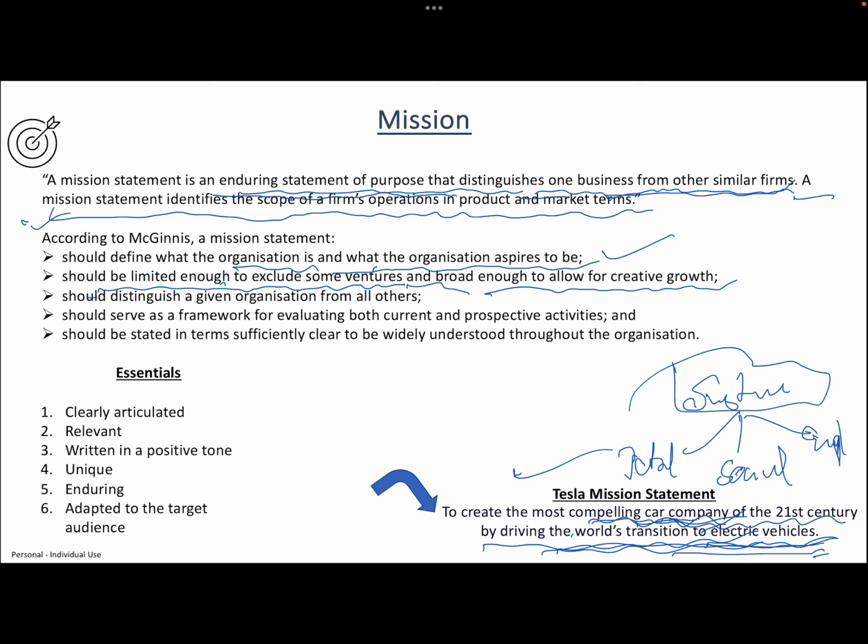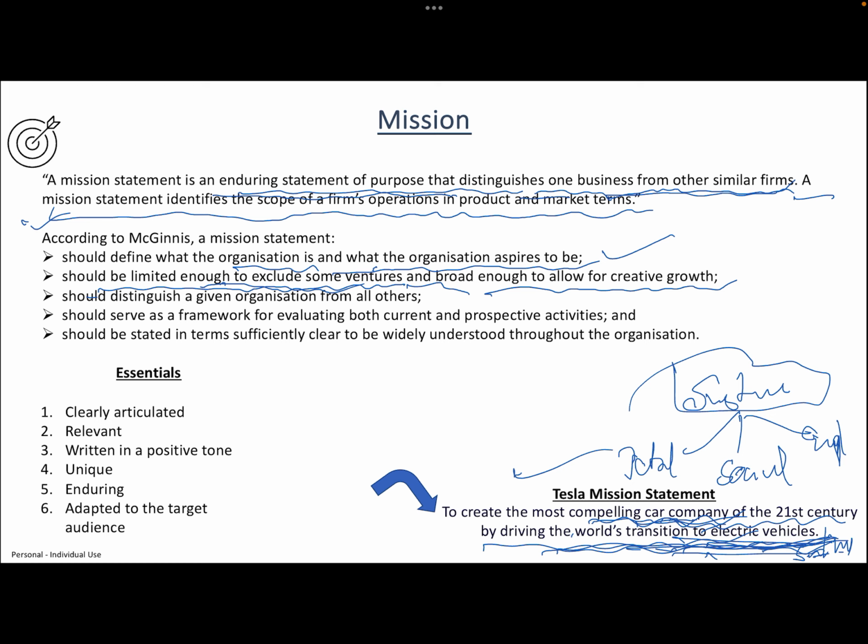They don't focus on non-electric vehicles. They have excluded certain things, and also they have set a broader framework of electric vehicles, any range. They have not said they manufacture only small cars, luxury cars, etc. But their focus is electric vehicles. They are not dealing with non-electric vehicles.